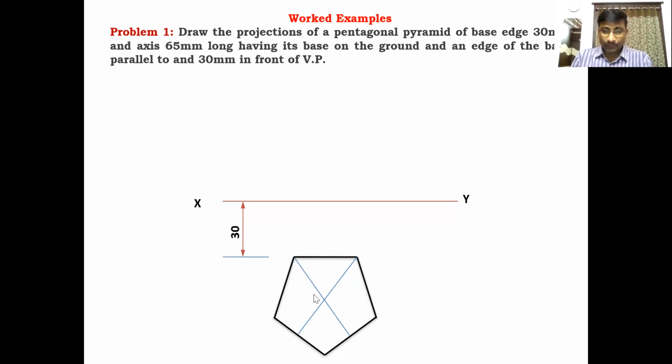After getting the apex point, join it to every corner with a dark line. When we look from the top view, a pyramid looks like this: the pentagon base is visible, and this apex point is at the center, the axis point.